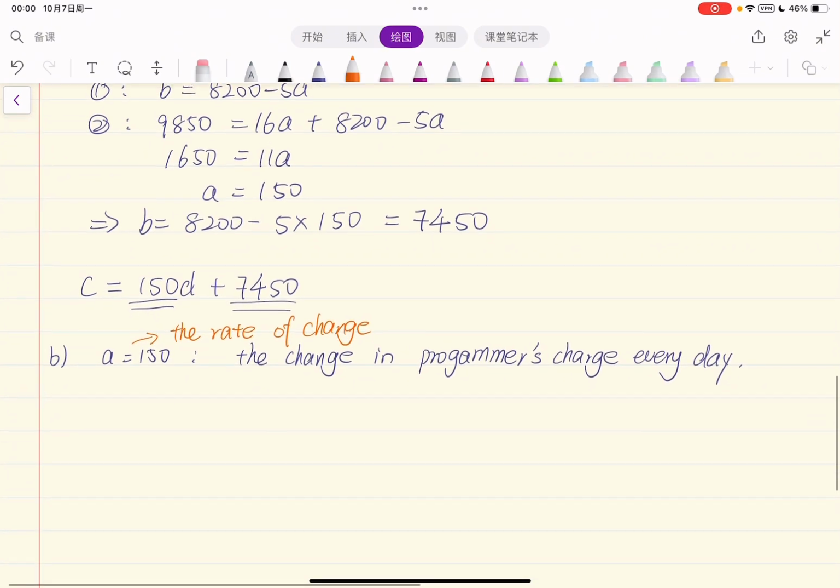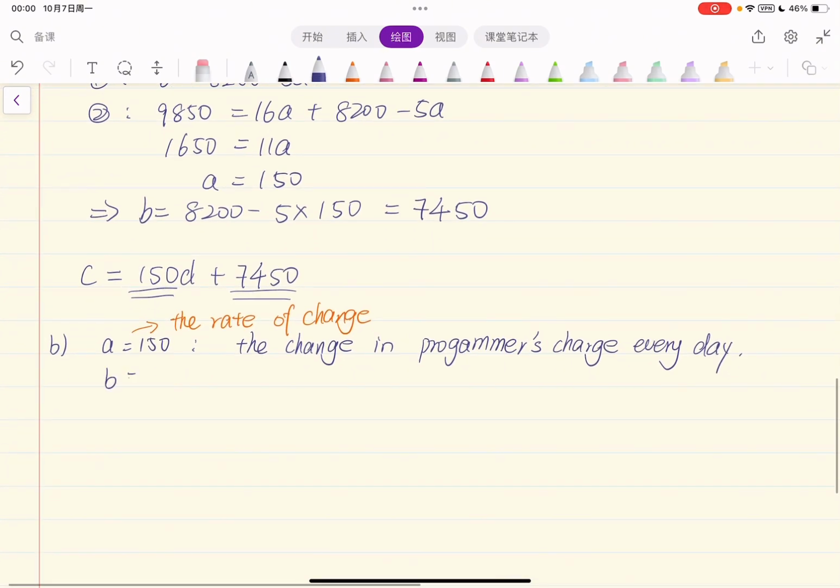Well, what is B? We know that if D equals 0, we have C equals 7,450.